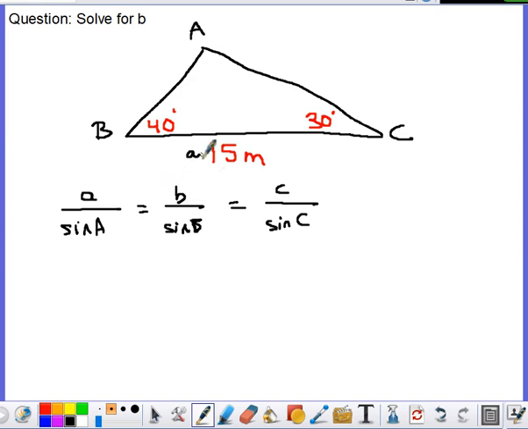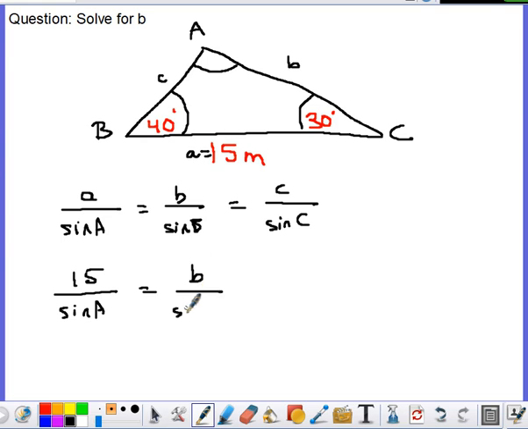We know this is little a, little b, little c, and angle B, angle C, and angle A. So we have 15 over sine of A, then b over sine of 40, and then c over sine of 30.